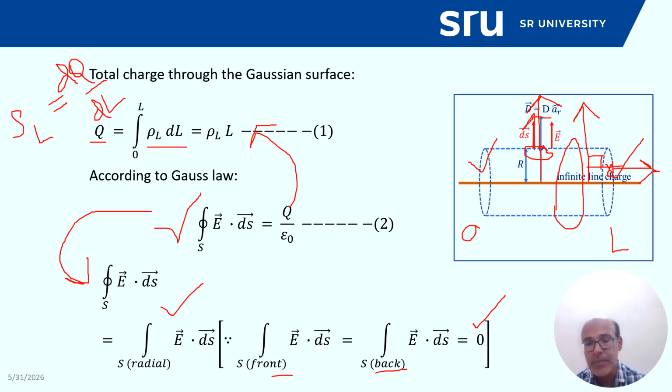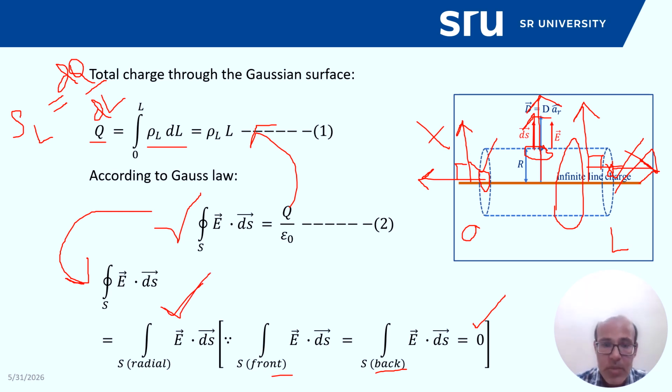Cos 90 is equal to 0. Let's take the elemental surface on this. This is the electric field direction, and this is the normal to the elemental surface. They make 90 degrees. So this is 0 and this also is 0. Only the radial component is remaining.